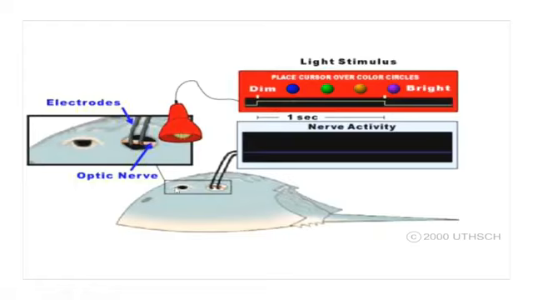The optic nerve, of course, is carrying the information from the eye to the animal's brain. And what Hartline found was the following. With a dim light, nothing happened. But as the intensity of the light increased, he found this sequence of events: dim light, brighter light, and even brighter light.